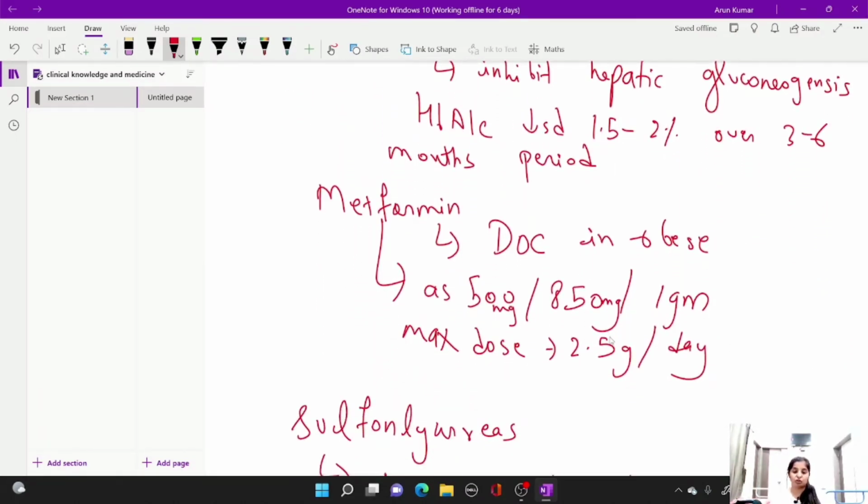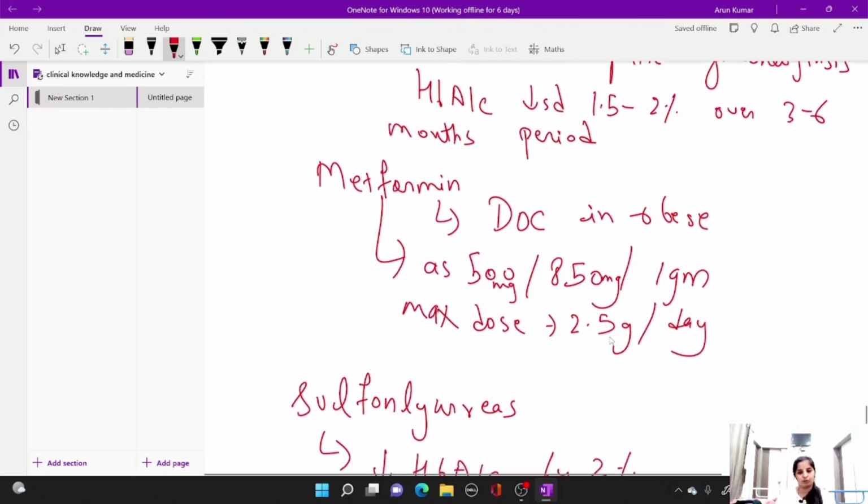The medicine used is metformin, and type 2 patients are mainly obese, so that is the drug of choice. And the dose is 500 milligram, 850 milligram or 1 gram. Maximum dose is 2.5 gram per day.